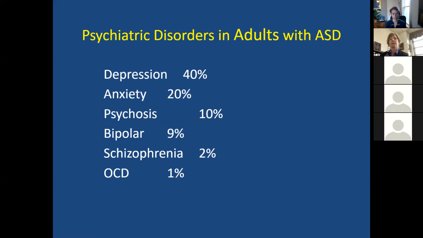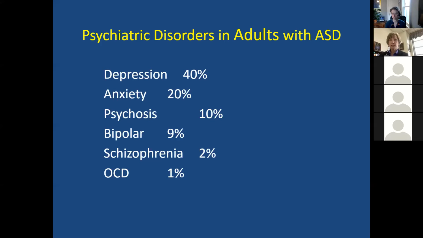Anxiety drops a bit compared to the kids. So hopefully a lot of those kiddos have learned how to cope with their anxiety, no longer meet criteria for an anxiety disorder. Anxiety in some people can be persistent across the lifespan, and for some it can resolve or lessen in severity, so they no longer meet criteria for a disorder or a diagnosis.